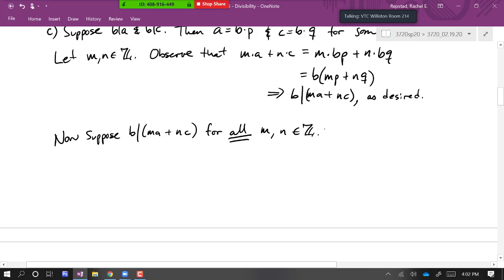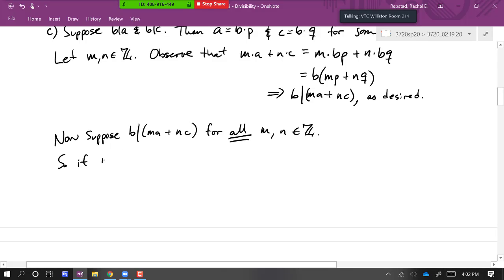So for any integers, no matter which ones we pick for M and N, we know for a fact B is going to divide that linear combination. We're free to pick any values of M and N that we choose. So let's be clever about it.